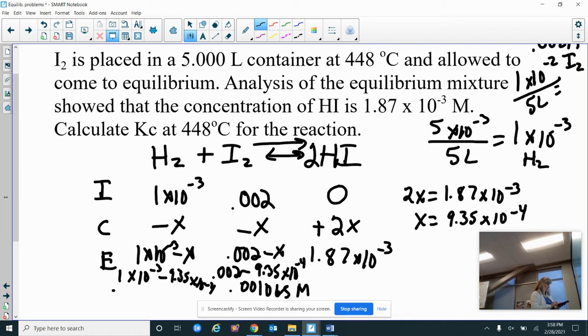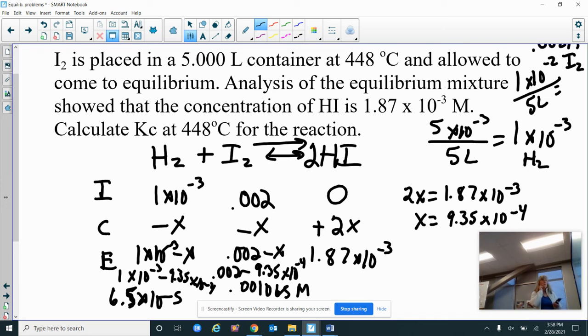I think I did something wrong. 1 times 10 to the minus third minus 9.35 times 10 to the minus fourth equals, yep, that's right, 6.5 times 10 to the minus fifth. All right, a little messy.